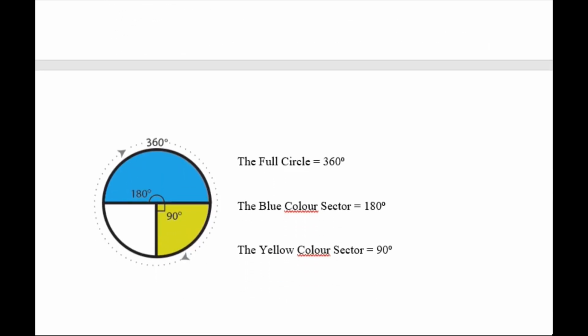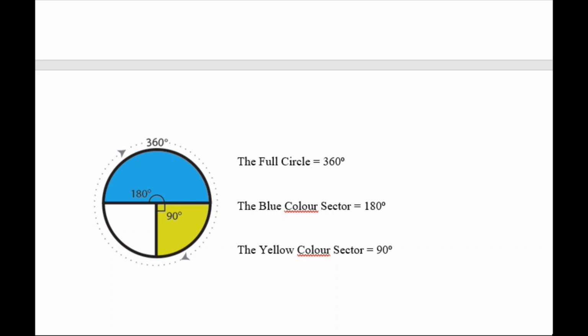So look at this circle over here. When you look at a full circle, we know that it is 360 degrees. Okay, so there are no sectors marked in a full circle, and that is 360 degrees. Now look at the area which is shaded in blue color.